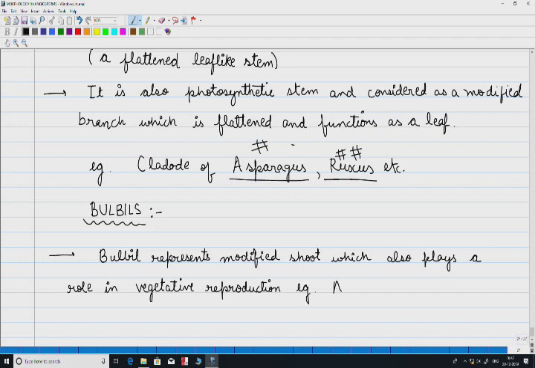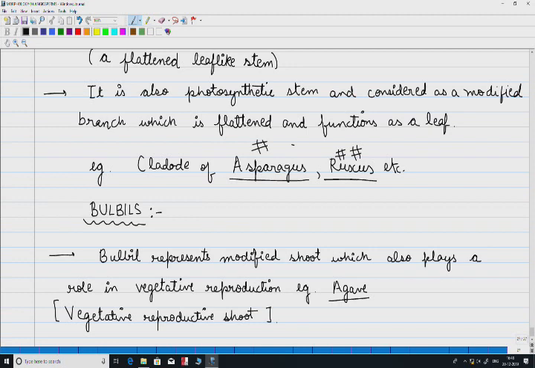Example is Agave americana, agave. So basically it's a vegetative reproductive shoot. In very short, you can describe it as vegetative reproductive shoot. So these are all the stem modifications that we have done. Okay, stem modifications are complete.